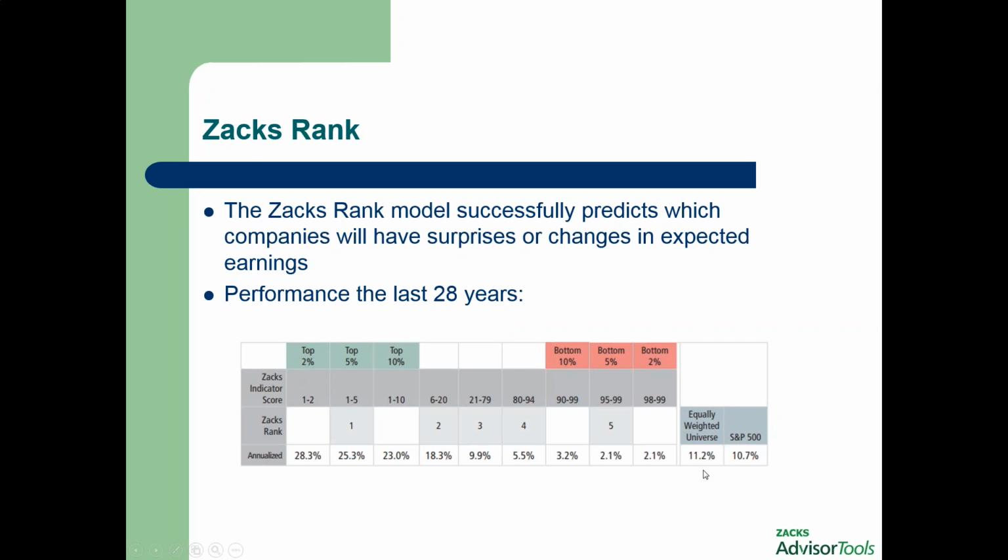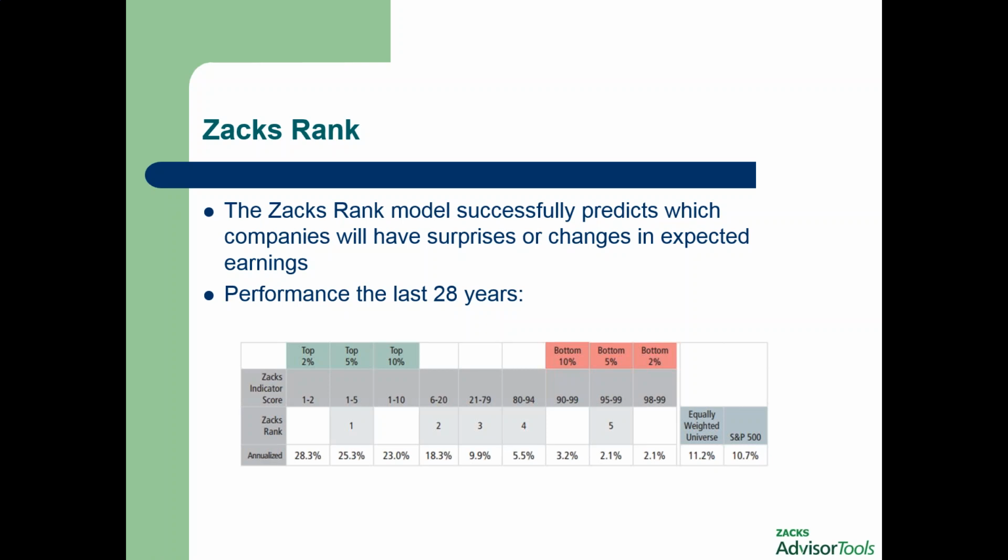And as you can see, it's in comparison within that time to the S&P 500 of 10.7% and the equally weighted universe of 11.2%. So you can just see of the stocks that we cover and the top 10% that we rank, it's really done a successful job of being able to have an annualized return within the past 28 years.